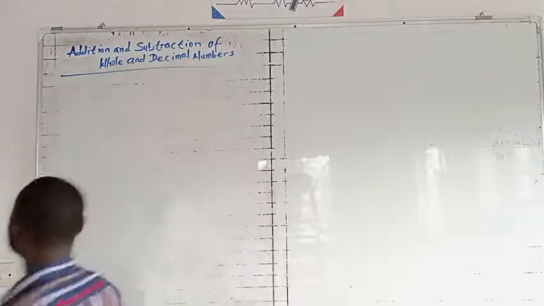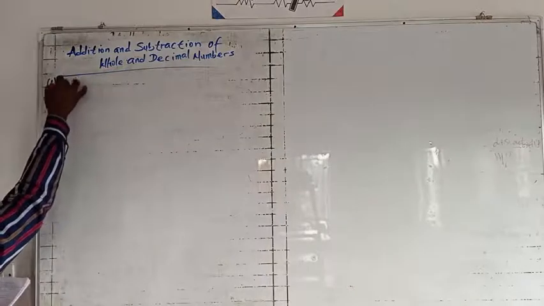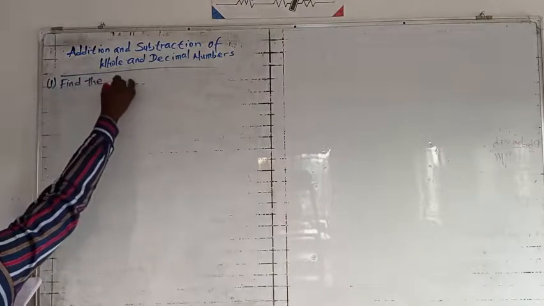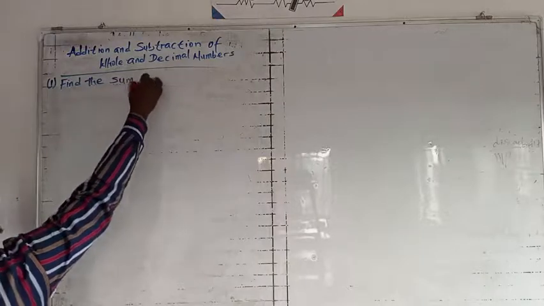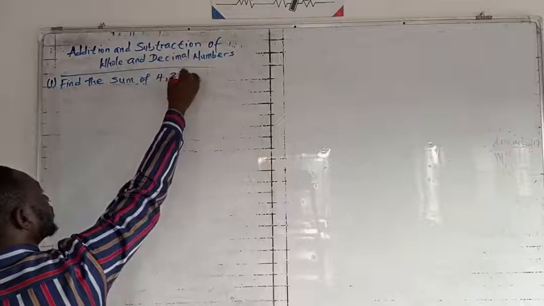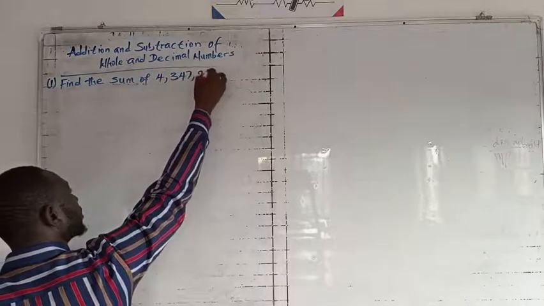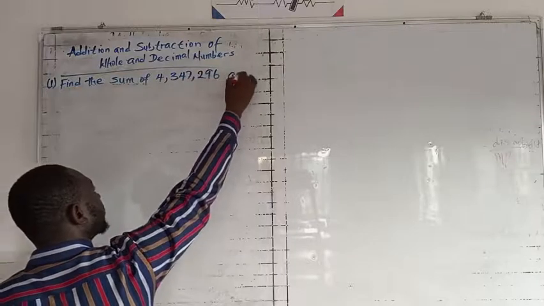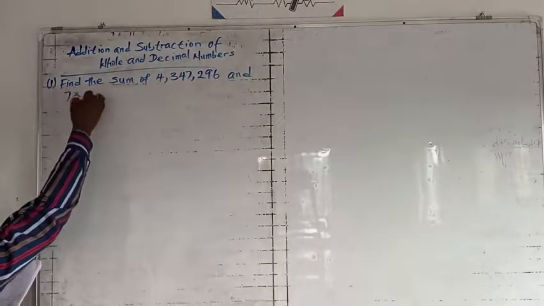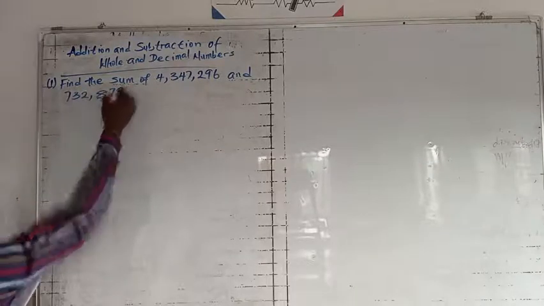So question number one: find the sum of 4,347,296 and 732,879.